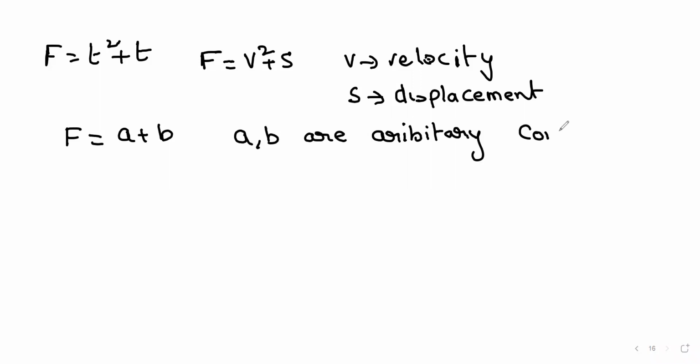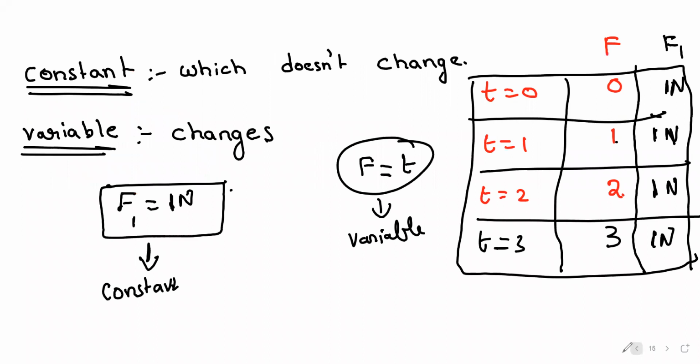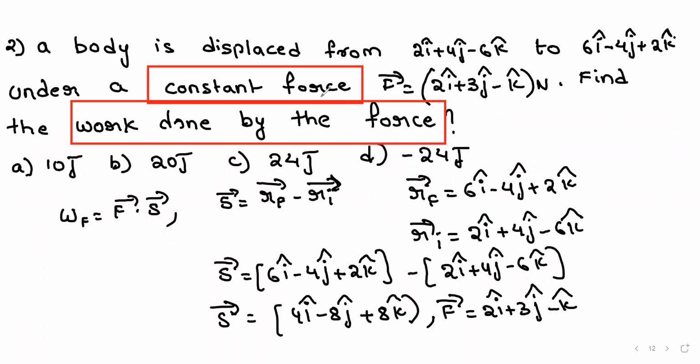In this case, F is variable or constant? Constant. Why? Because a and b are arbitrary constants. Very good.